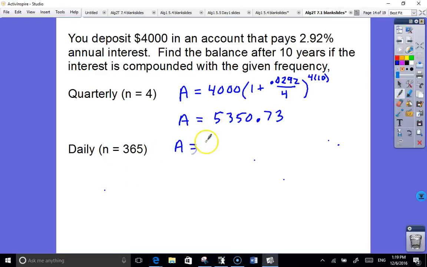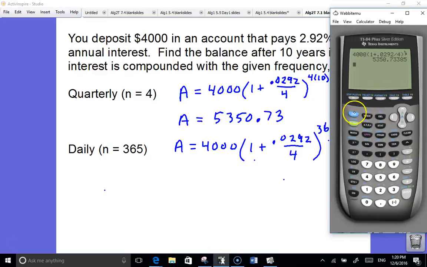A equals 4,000, 1 plus 0.0292 divided by 4 raised to the 365 times 10. Back to the calculator. So I've got to change this 4 to a 365.